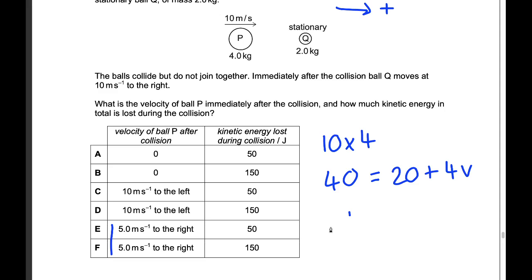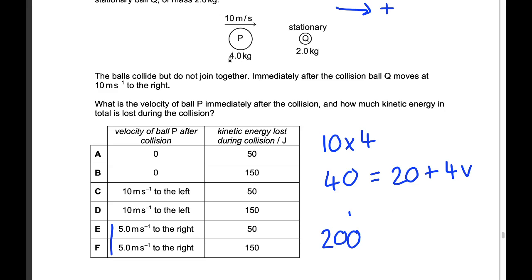So initially I have a total kinetic energy of 1/2 times 4 times 10 squared. So 1/2 times 4 is 2, 10 squared is 100, so it will be 200. So initially the kinetic energy was 200, and then after the collision, well, we have 1/2 times 4 is 2 times 5 squared.